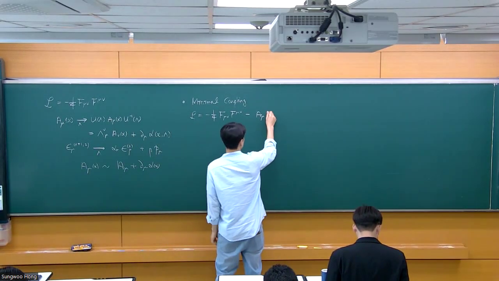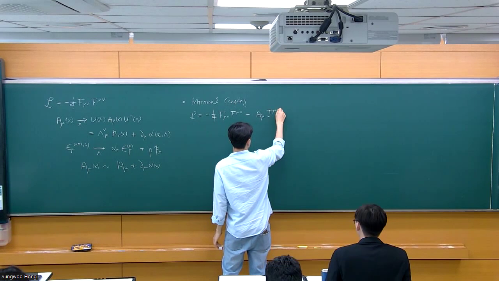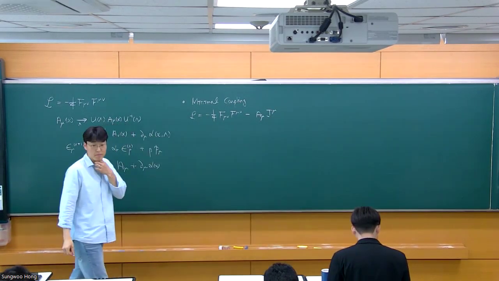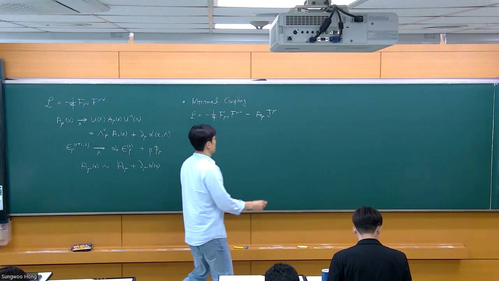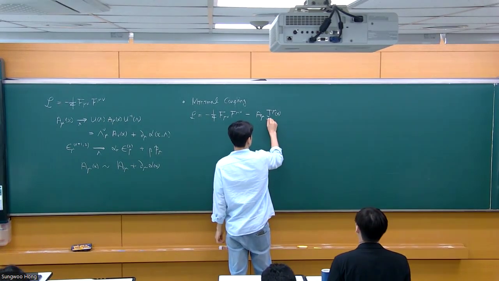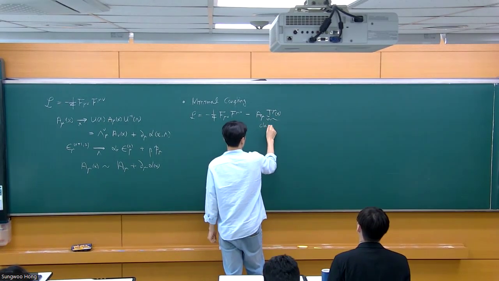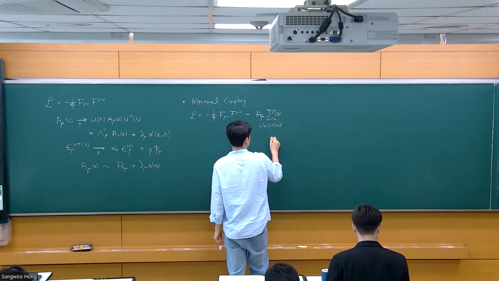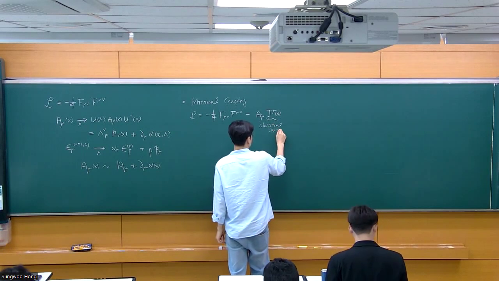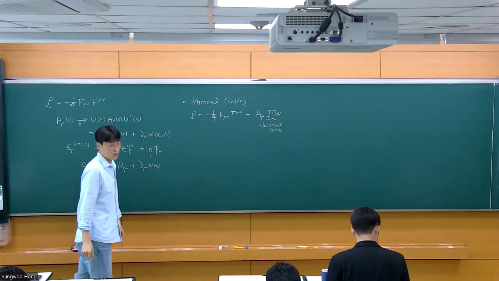I don't know exactly what the microscopic physics is, but let's be agnostic and couple it to a source field. You can view this as a classical source for now.